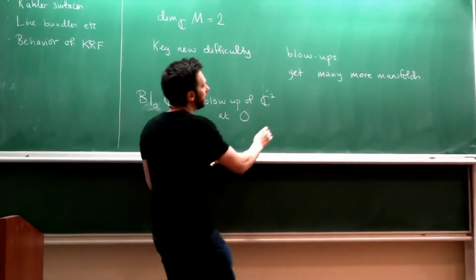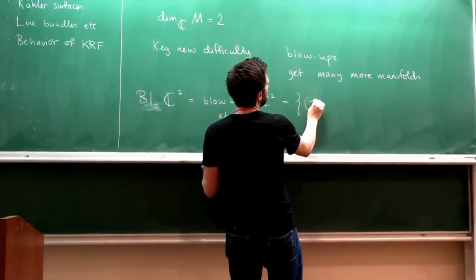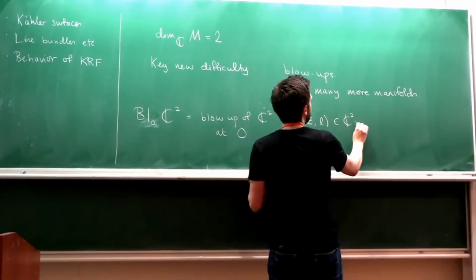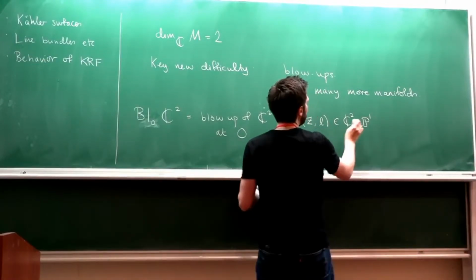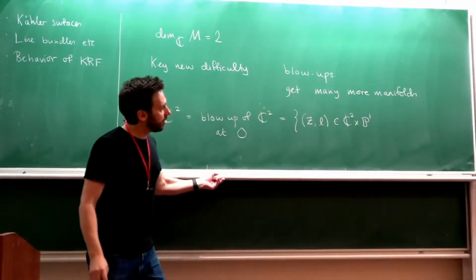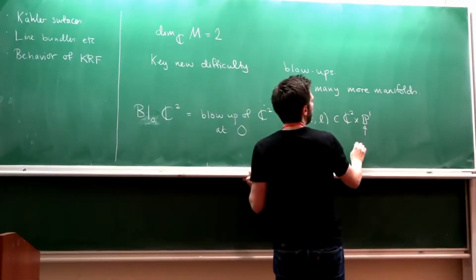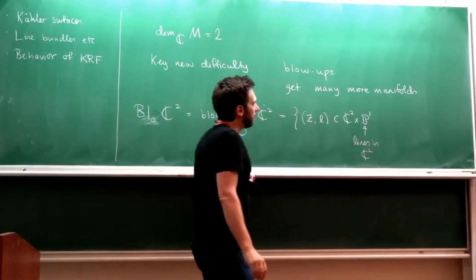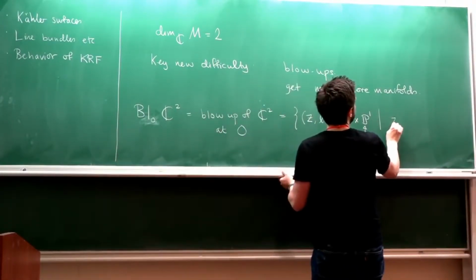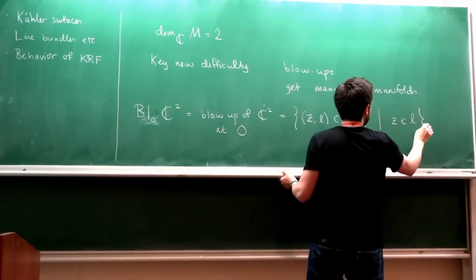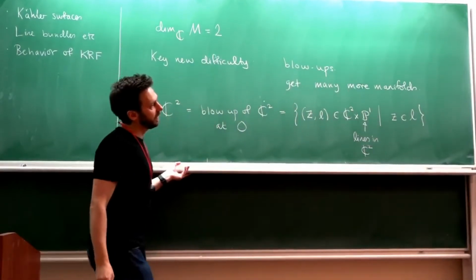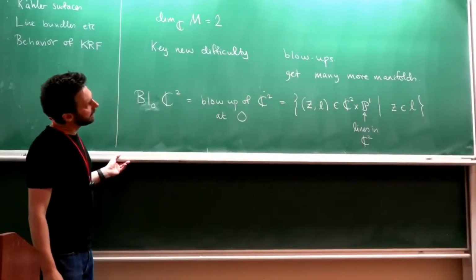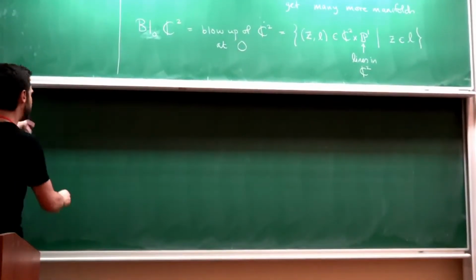You take pairs (Z, L), where Z is an element of C2 and L is an element of P1. Remember, these are the lines in C2, with the property that Z is in L. Since these are the lines in C2, it makes sense to say that Z lies in the line L.